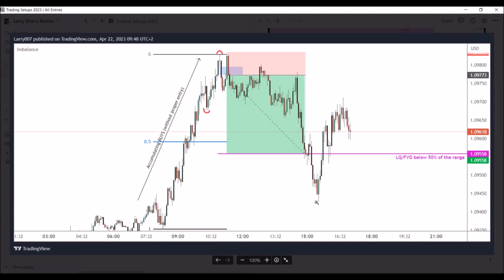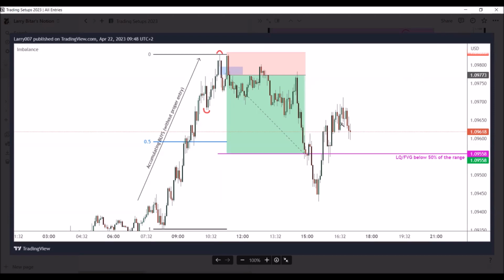And then we have taken some major liquidity, but yeah, I would have taken my profits right there because if we take this range from low to high, 50%, below 50%, there's this liquidity and the fair value gap right there. Perfect. Okay. But yeah.